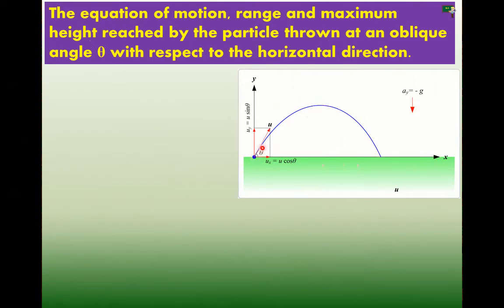In the vertical direction uy = u sin theta, and in the horizontal direction ux = u cos theta. Here ay = -g, because the projectile moves to a certain height and then reaches the earth under gravity.